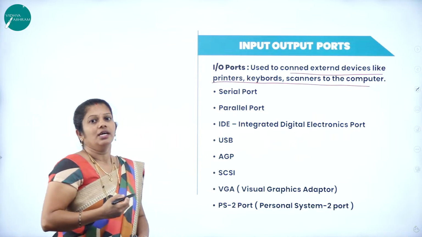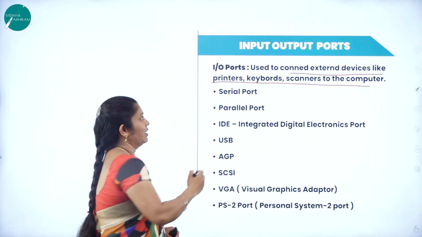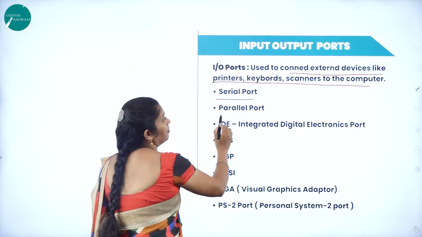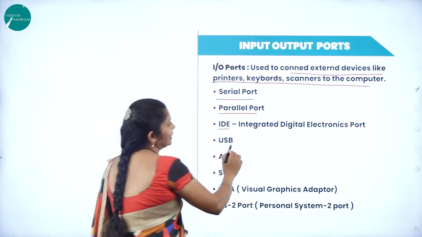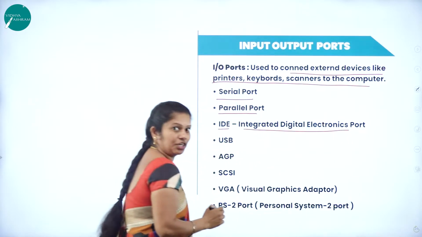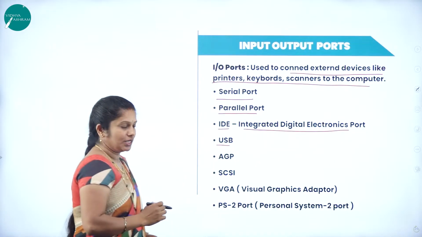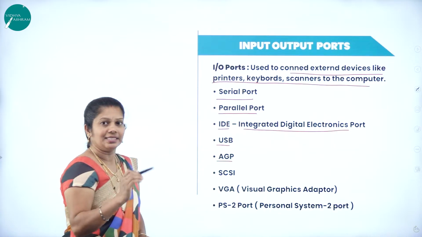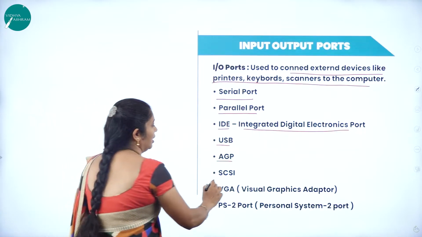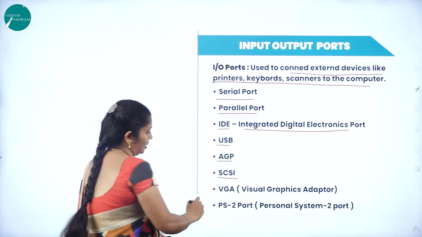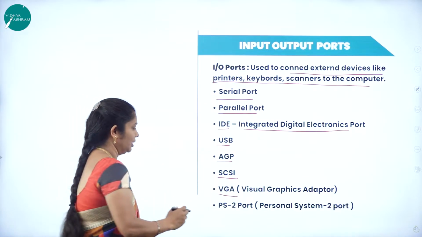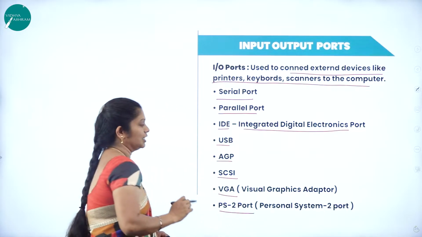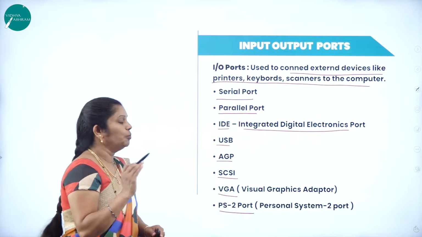When we come to different types of ports, we have serial port, parallel port, IDE port, that is integrated digital electronic port, USB port, AGP, that is accelerated graphic port, SCSI port, VGA port, that is visual graphic adapter port, then PS2 port, that is personal system 2 port.